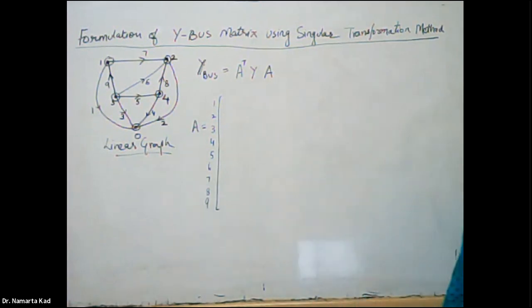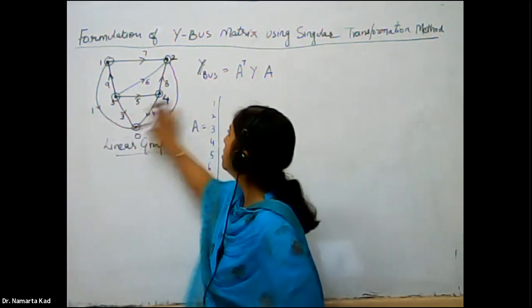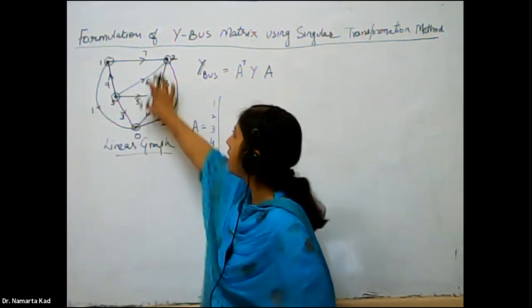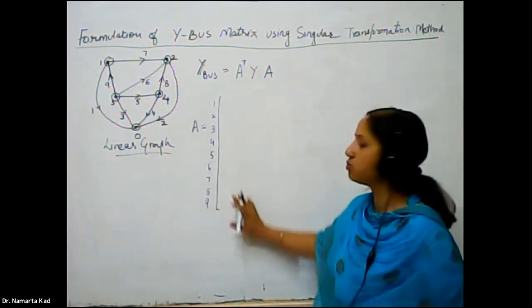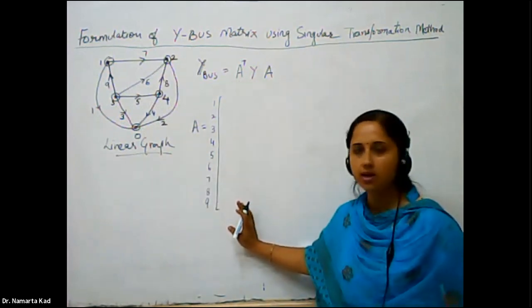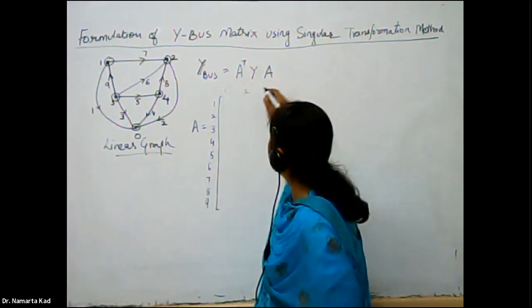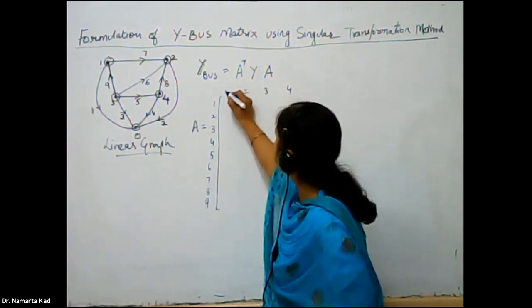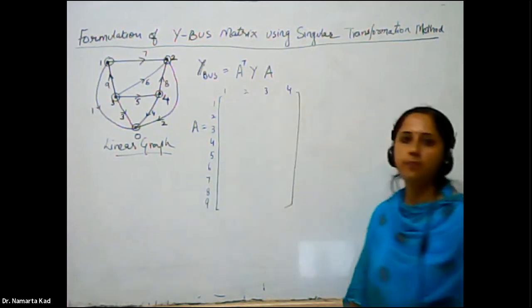The total number of elements in this linear graph is 9, with 4 branches and 5 links. So the number of rows is equal to the number of elements, that is 9, and the number of columns is 4: 1, 2, 3 and 4. That is equal to the number of buses.